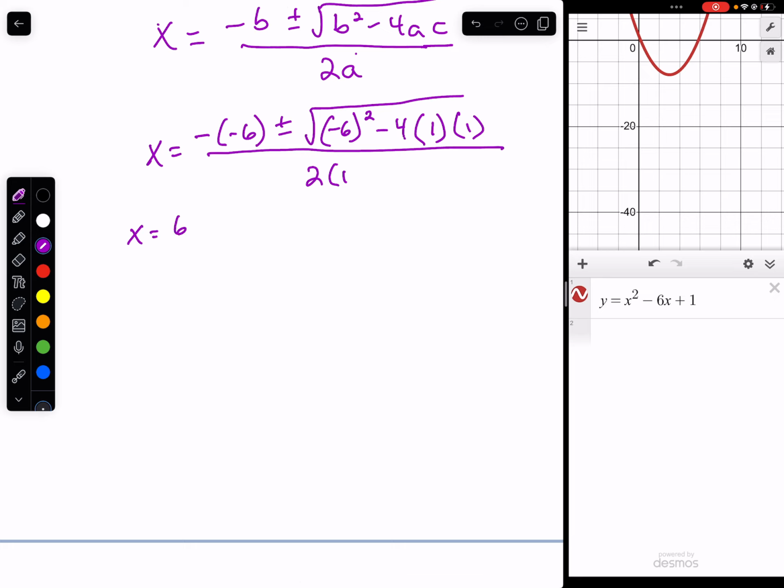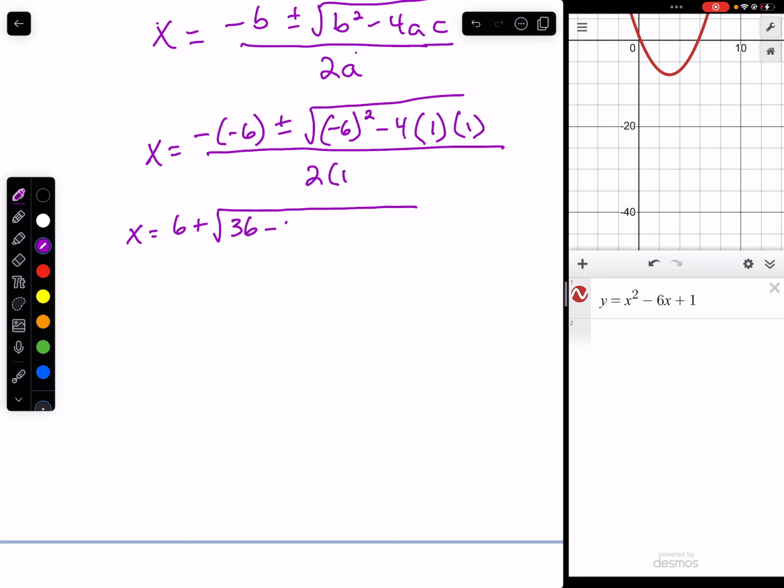So we have 6 plus, remember, minus a negative is 6. I'm going to start simplifying. Negative 6 squared is 36, minus 4 times 1 times 1 is just 4, all over 2 times 1 is 2.